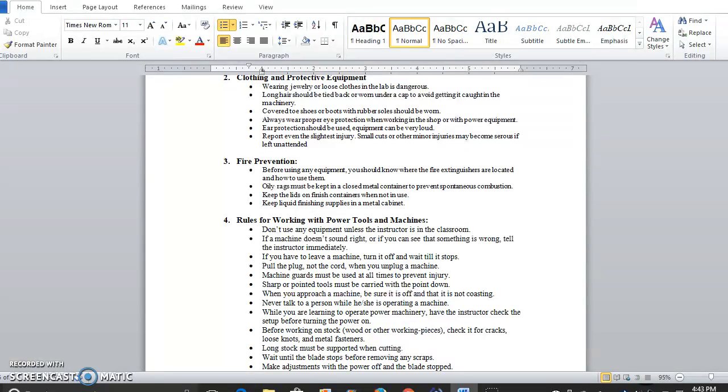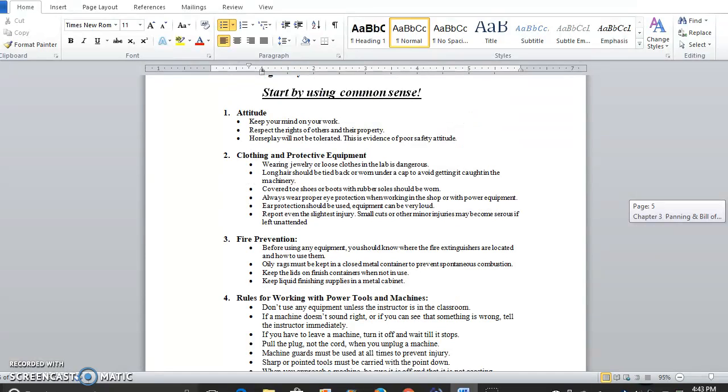This also gives me an opportunity to share some of my pet peeves. I always remind them that these two right here are my two major issues in the woodshop class with stains and finishes.